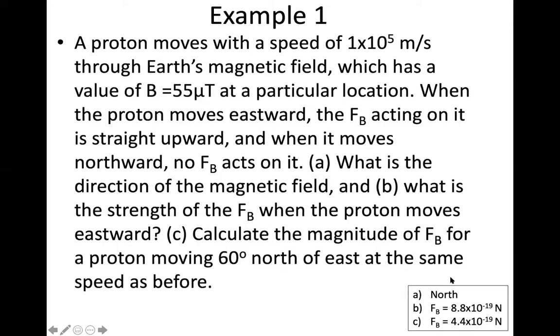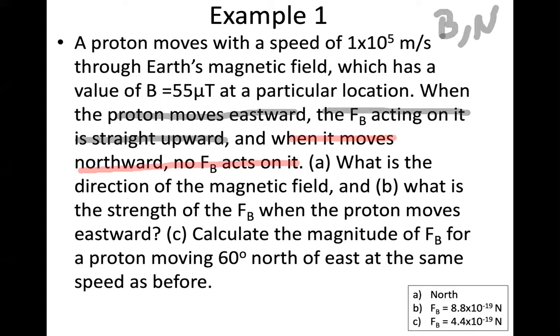So first we were told that when the proton moves eastward, the force is straight up, and that started to tell me that the B field was going to be north. But I have more information. What's the next piece of information that I have? That when the proton moves northward, no force acts on it.